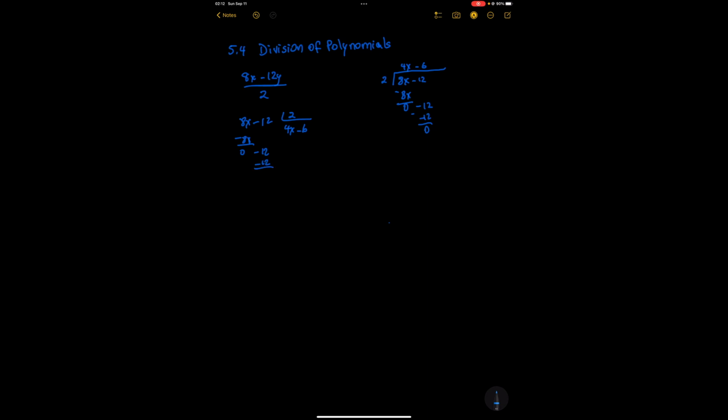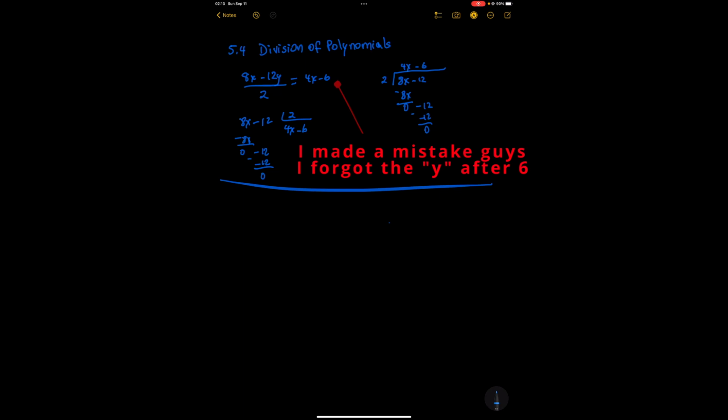And of course, we subtract both of the terms. So negative 12 minus 12 is going to go to negative 12 plus 12. That will be equal to 0. And so that's how we would do it in the other method. So that would be equal to 4x minus 6.